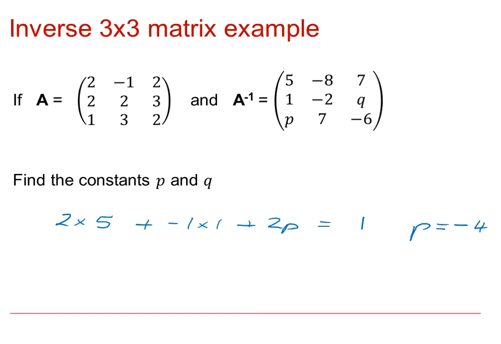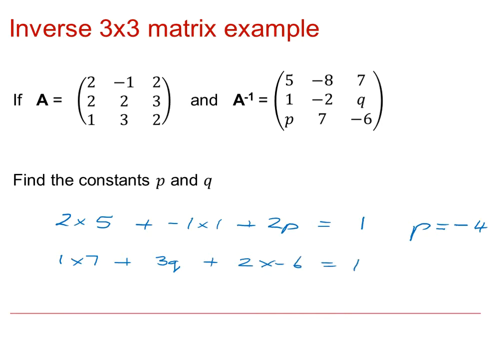There are also a number of possibilities for finding q. If we chose the third row of A and multiplied it by the third column of A to the minus 1, we would have that 1 times 7 plus 3q plus 2 times minus 6 would also give us 1.